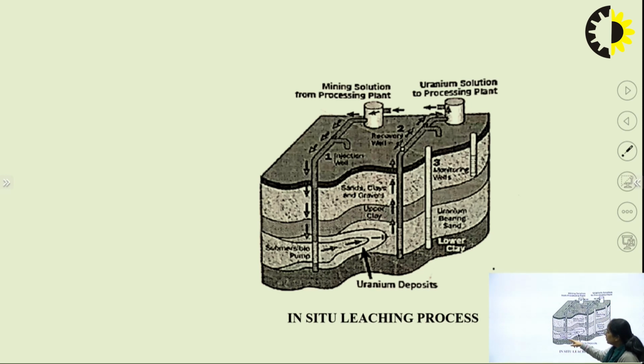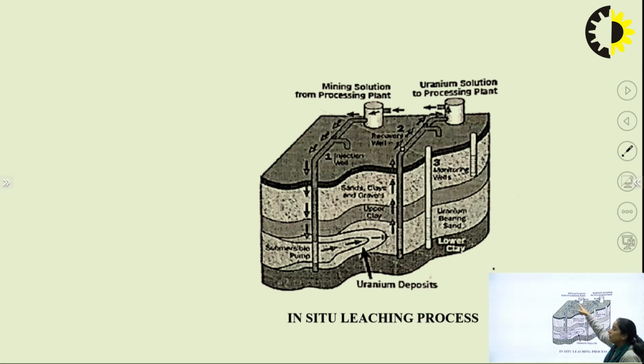Then here a pumping system is there, so it will send the uranium solution through this pipeline to the processing unit. Here we will receive the uranium solution. So this is the in situ leaching process.